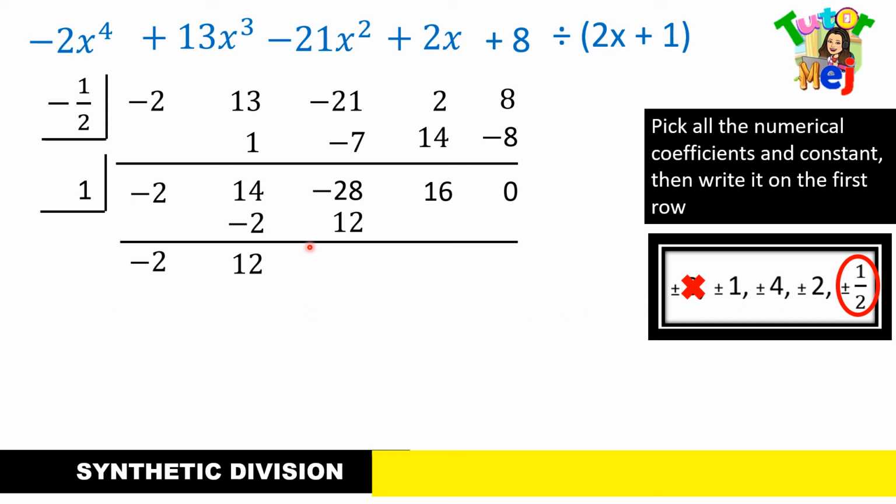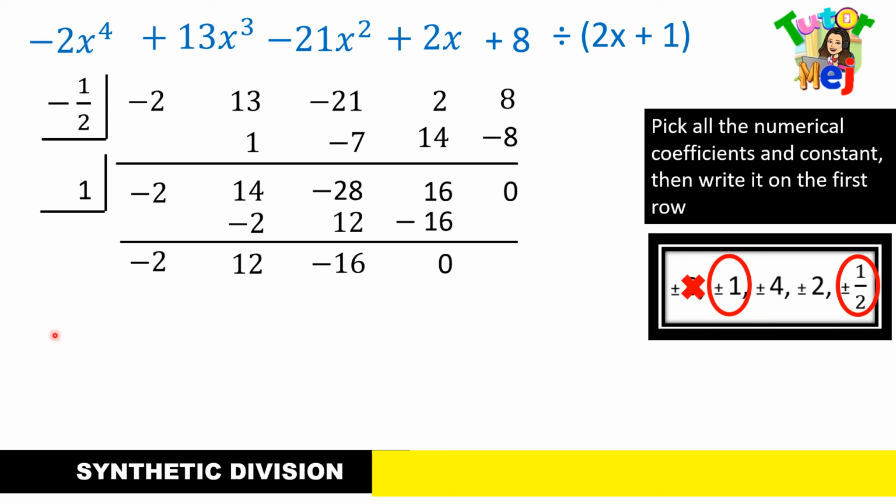Adding up negative 28 and positive 12, we got negative 16. Now multiplying negative 16 by 1, we got negative 16. And adding up positive 16 and negative 16, we got 0. Now since this is 0, we now consider positive 1 as one of the roots of the given polynomial expression. Okay, so we can now proceed with the next one.